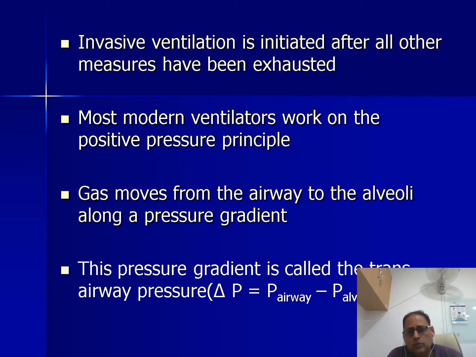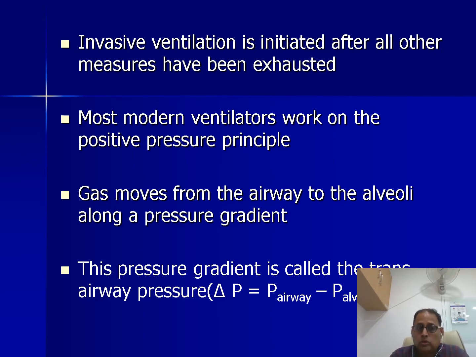We all know that when you and I normally breathe, we breathe with a negative pressure ventilation. What I mean is that we increase our intrathoracic volumes, so we create a negative pressure within our lungs so that air pushes in. You remember that air always moves from an area of high pressure to an area of low pressure.